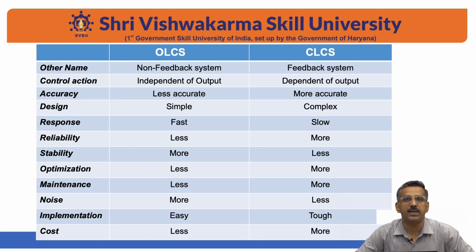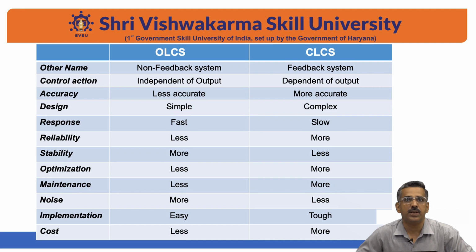The major differentiator between the open loop control system and closed loop control system is tabulated here in this diagram. We are looking that the stability of the open loop control system is more than the closed loop control system. This will be more clear with the transfer function.